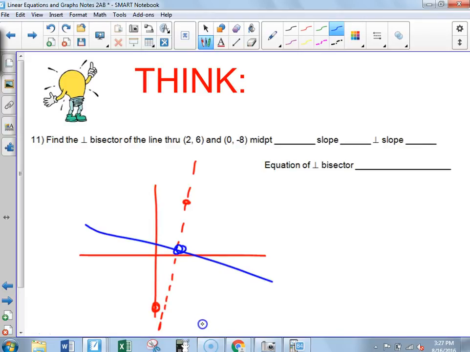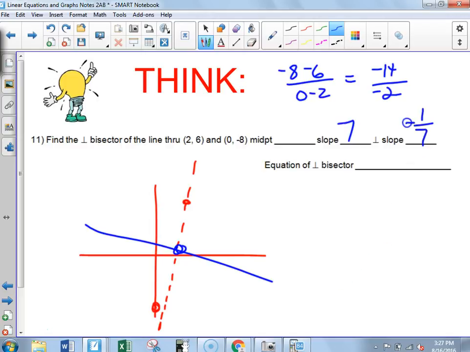What do I need to know about that line? I need to know the slope of the original line. Good job. So negative 8 minus 6 over 0 minus 2 is negative 14 over negative 2, a slope of 7. That's a lovely slope. Okay, then what?